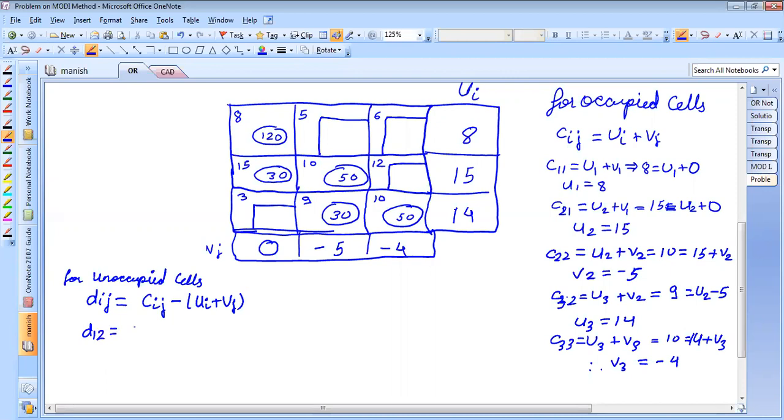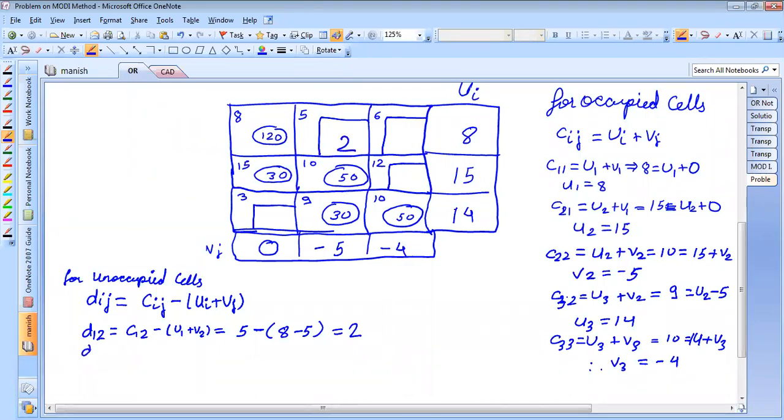D12 will be equal to C12 minus of U1 plus V2, that is 5 minus of 8 minus 5. 8 minus 5 is 3. 5 minus 3 is 2. So here it becomes 2.